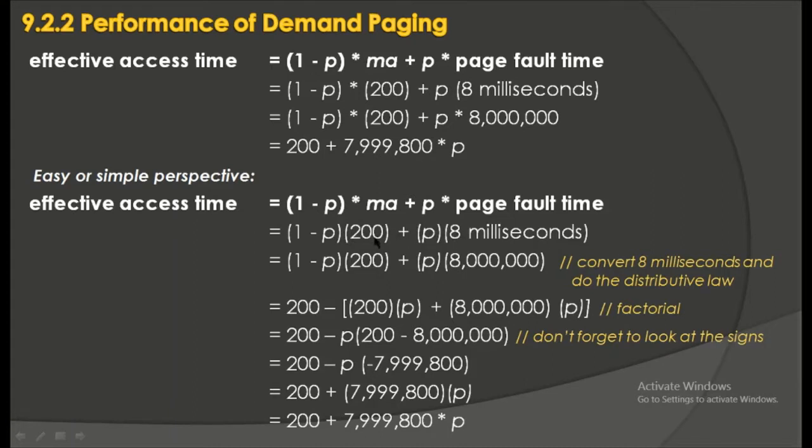Then we have positive, or plus, 7,999,800 times p. Then we will put it back in the original form, as in the book.